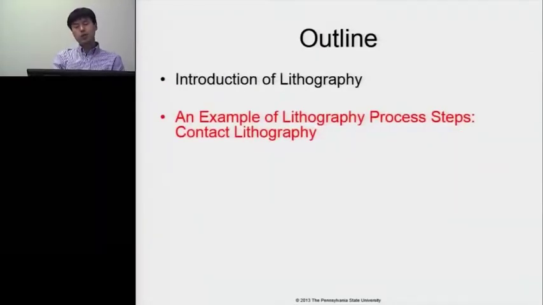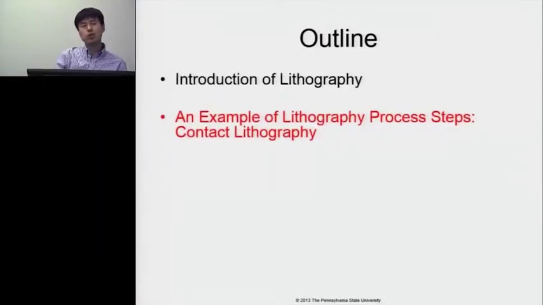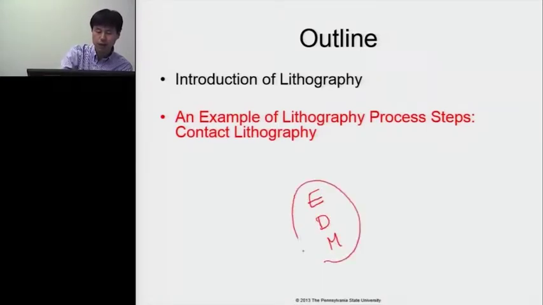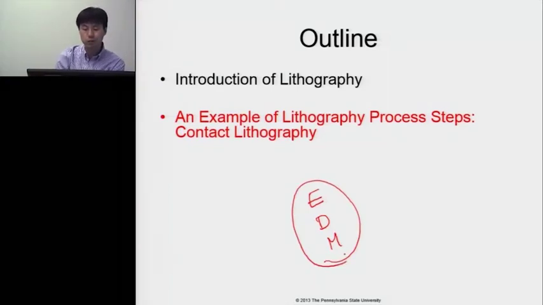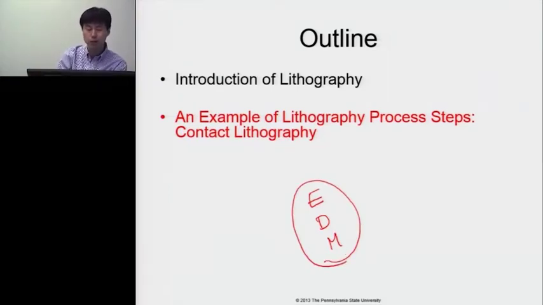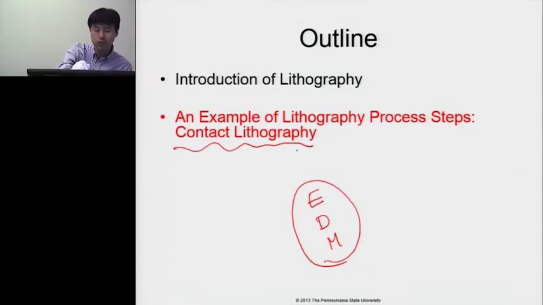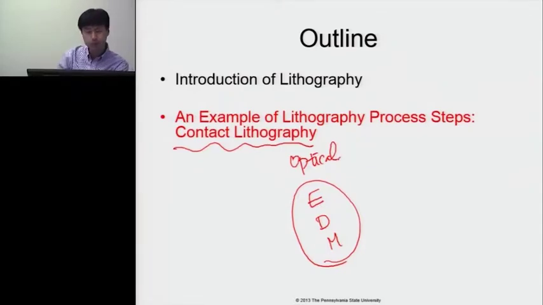So we do need those three components for the pattern transfer: energy, design, and material. And I will give you an example of those three components using contact lithography, which is one of the techniques used for optical lithography.